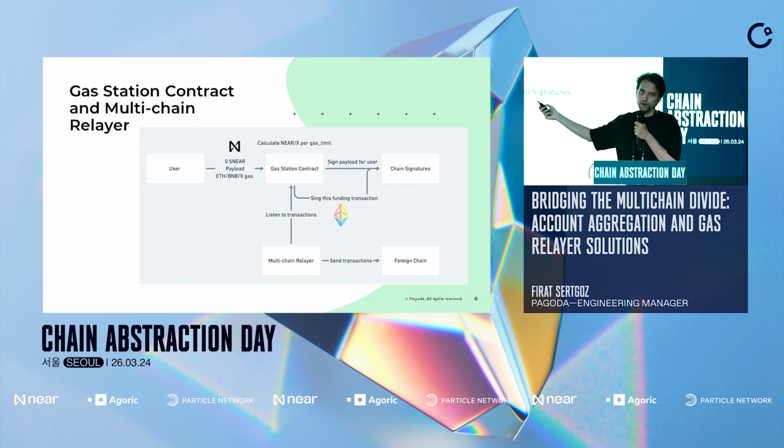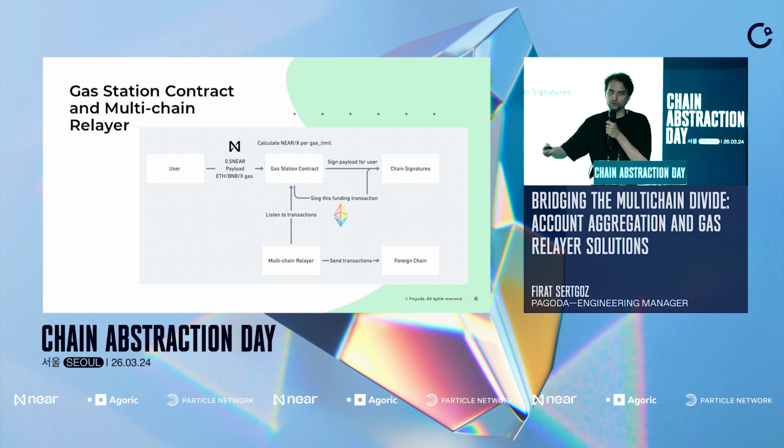There's an additional part where we're also introducing a way to decouple the gas station contract from the user's keys, which is an NFT contract where you can give the ownership of the NFT to a gas station contract, which means that they can use your ETH key for a limited amount of time until they give you the ownership back.